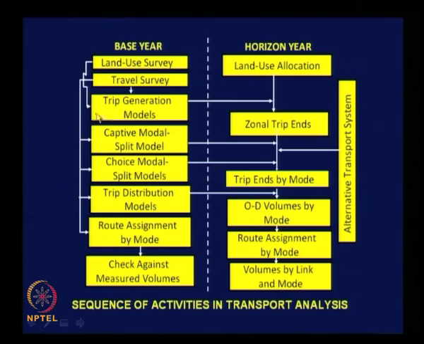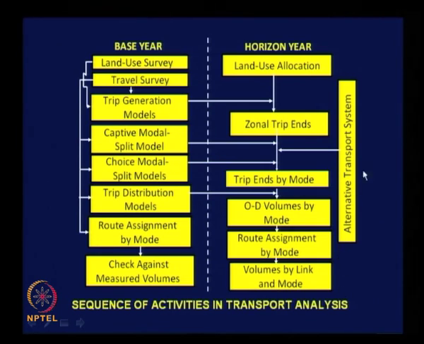Having known the zonal characteristics, you apply your trip generation models, right, and get zonal trip ends both in terms of trip production as well as trip attraction for the horizon year condition, clear. And then before you do mode choice, think of the possibility of introducing any new mode of transportation in the urban area.